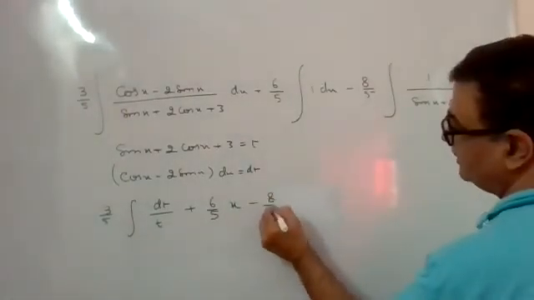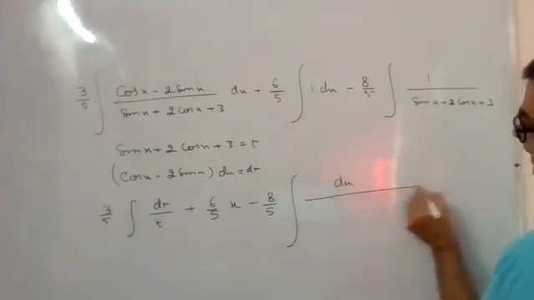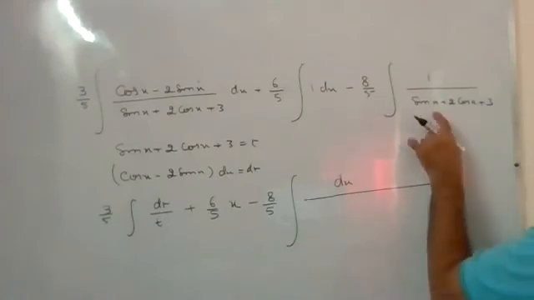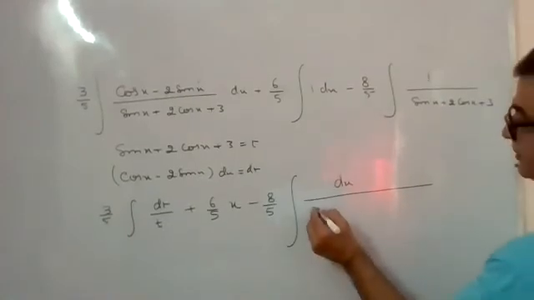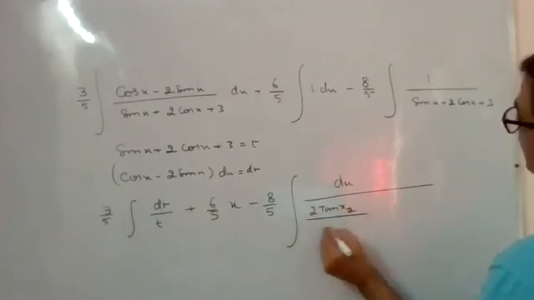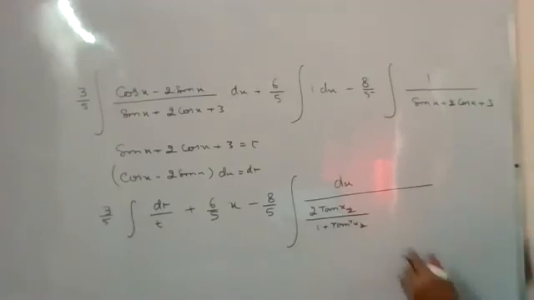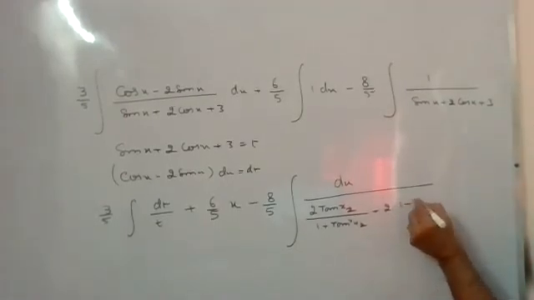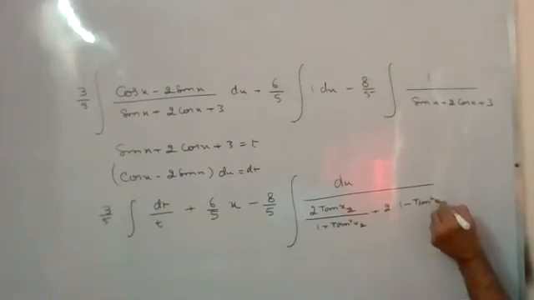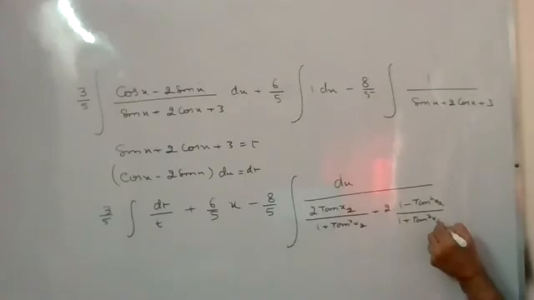और यहाँ आया minus 8 by 5 dx by, इसको आप tan में कन्वर्ट करेंगे तो we will write this as 2 tan x by 2 by 1 plus tan square x by 2, 2 cos x को आप लिखेंगे 1 minus tan square x by 2 by 1 plus tan square x by 2, and this is plus 3.